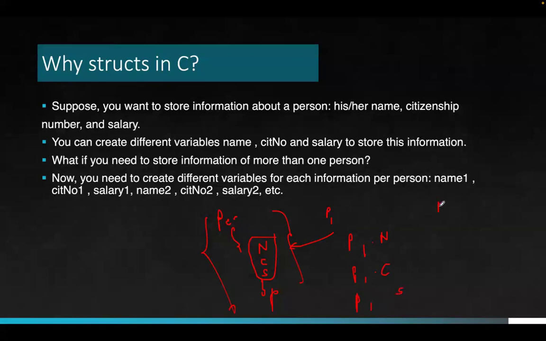Now for the second person P2, the same schema is taken, and P2 dot N for name, P2 dot citizenship, and P2 dot salary. Like this, you can create all 1,000 people's data using these simple three variables, which are structure variables.